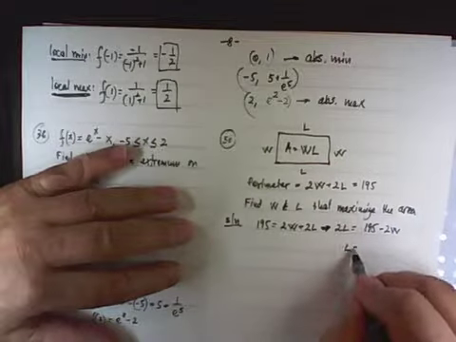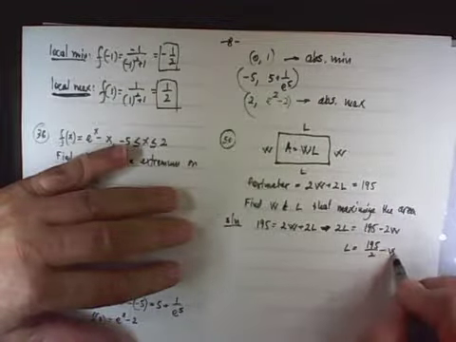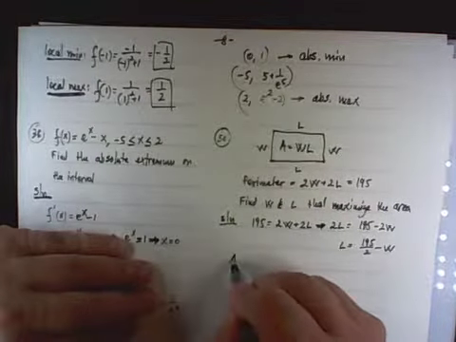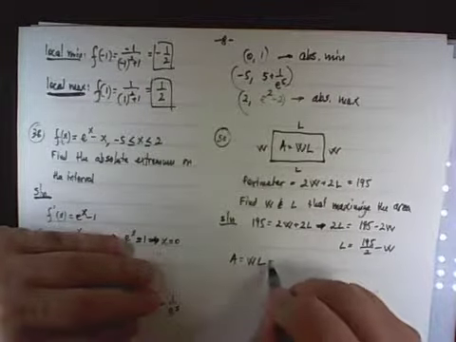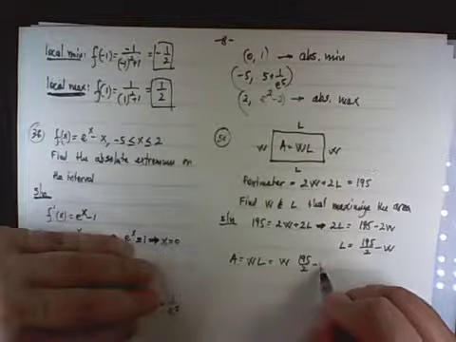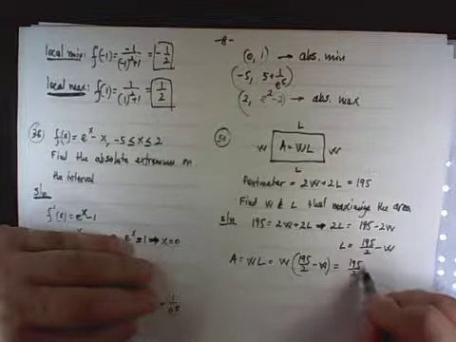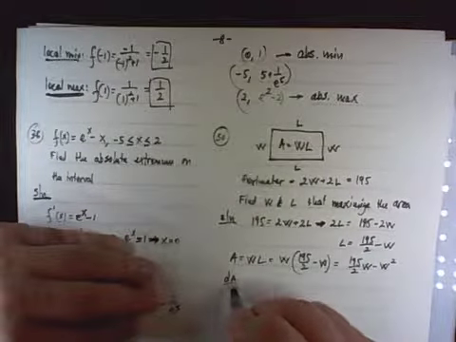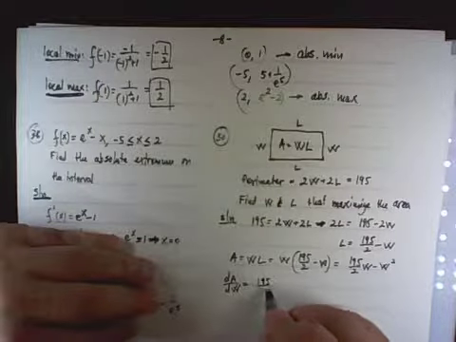And L by itself will be 1/2 of this. The target function is the area. Area is WL, and it will be W times 195 over 2 minus W. So 195 over 2 W minus W squared. And if you do dA dW, take the derivative, it would be 195 over 2.